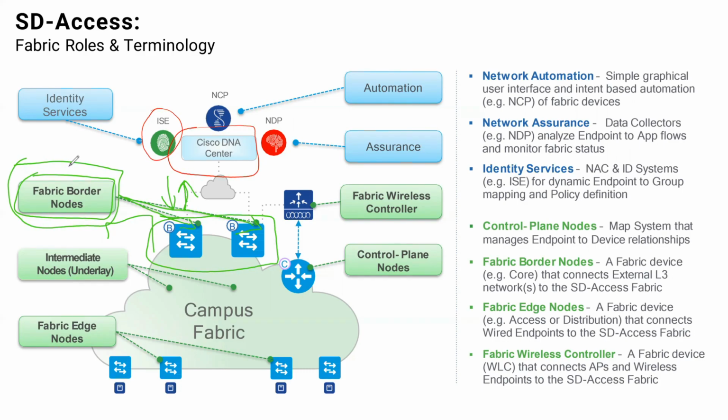So those are nothing but the Catalyst 9K family of switches, access switches, which are supporting this SD-Access architecture and which act as a border node. There are specific models which can be enabled for this border node functionality.